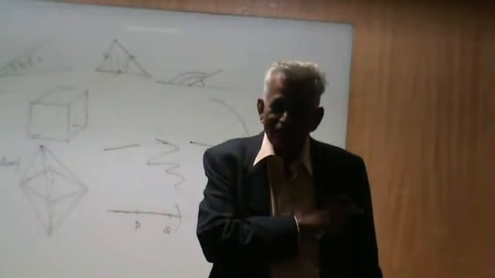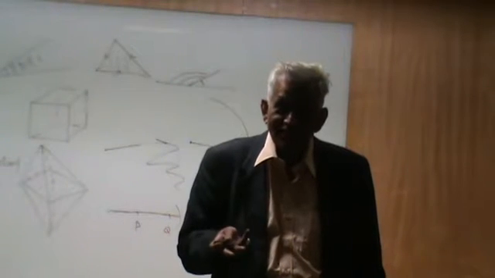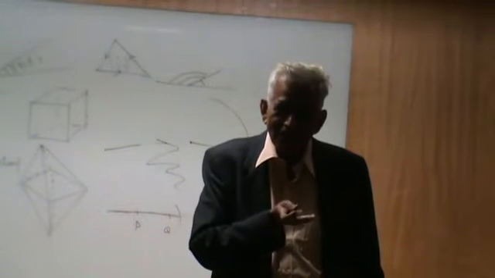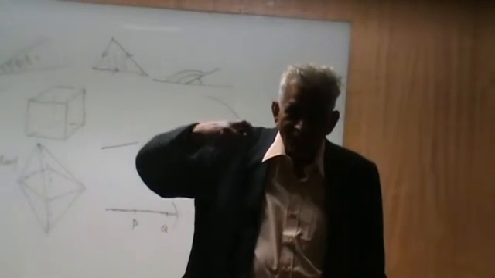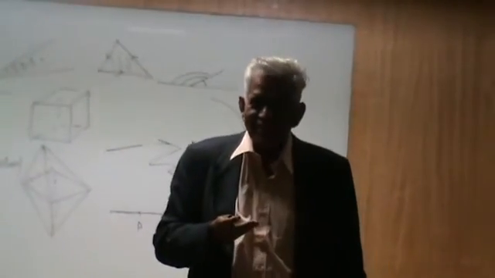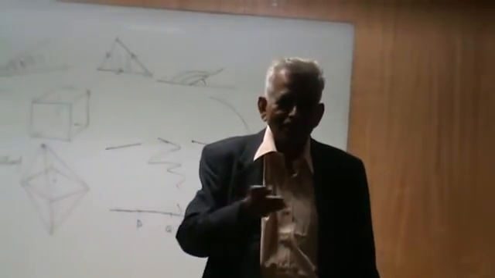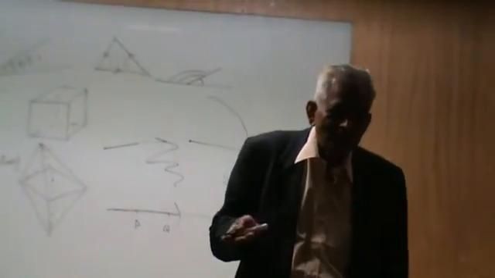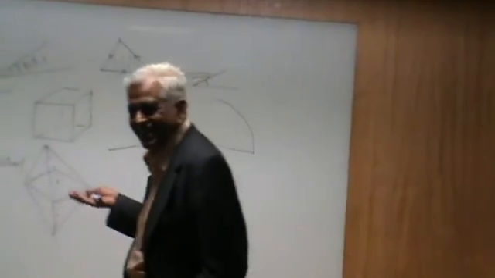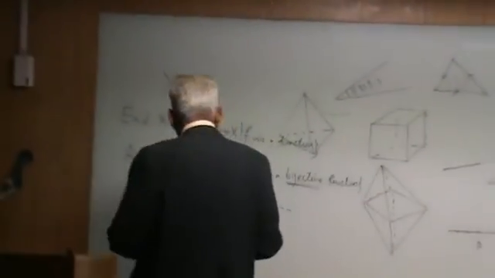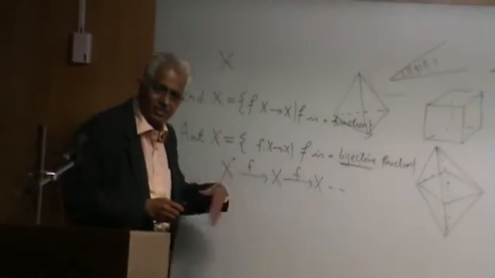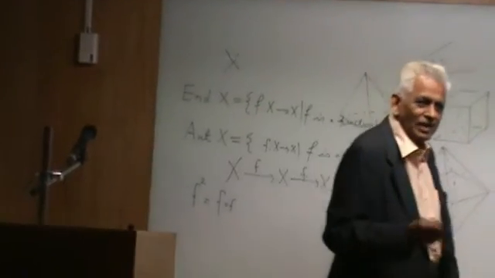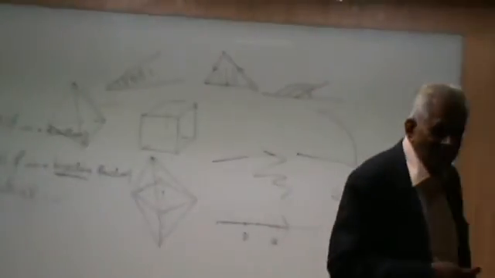X cube multiplied by x cube is just x to the 6. But x cube followed by x cube is x to the 9. For that x square example, the two answers happen to be same. So this f square is another object altogether. You can iterate this. So this is the iteration. So f square, f cube, etc.